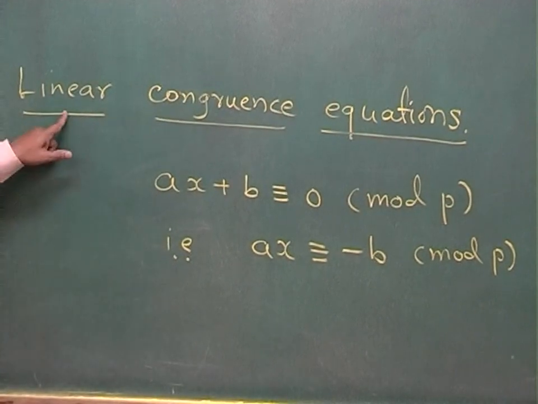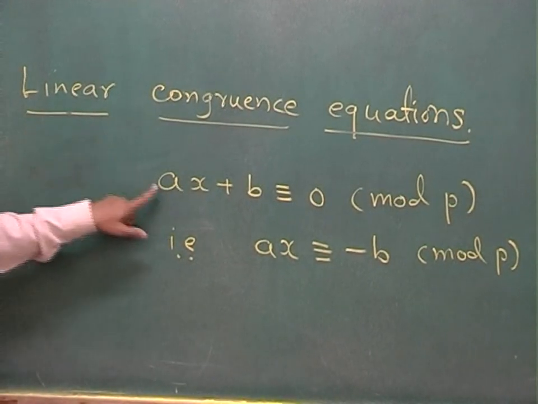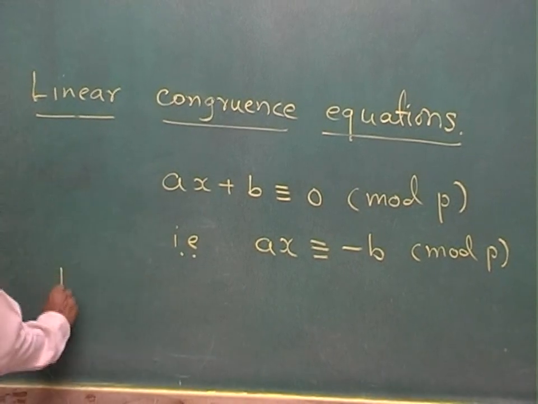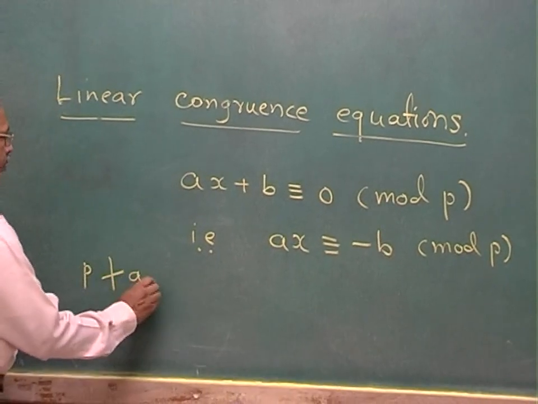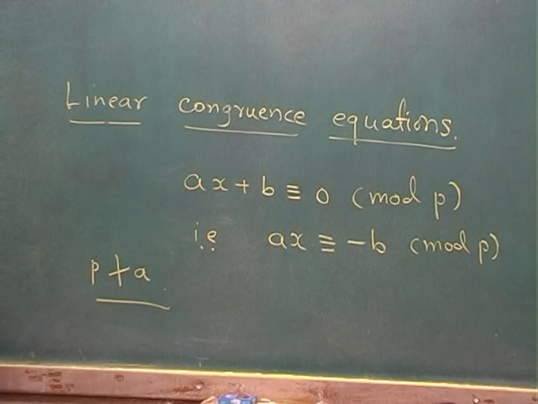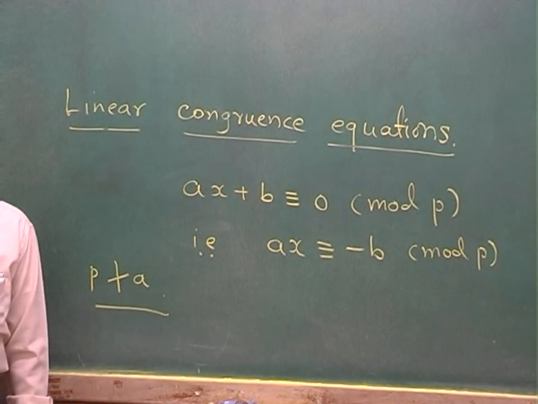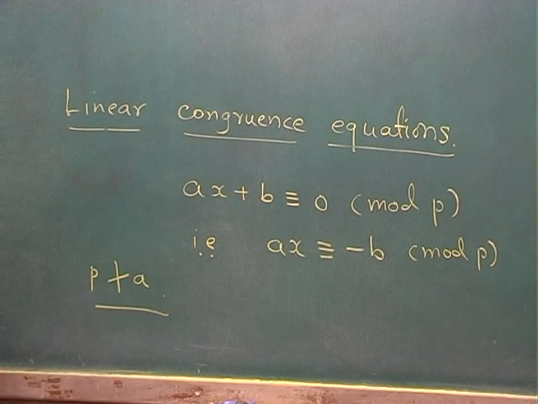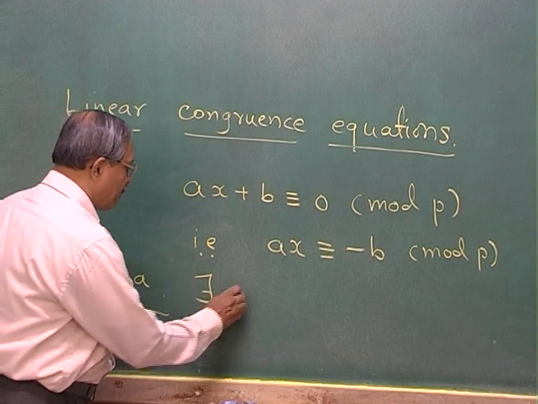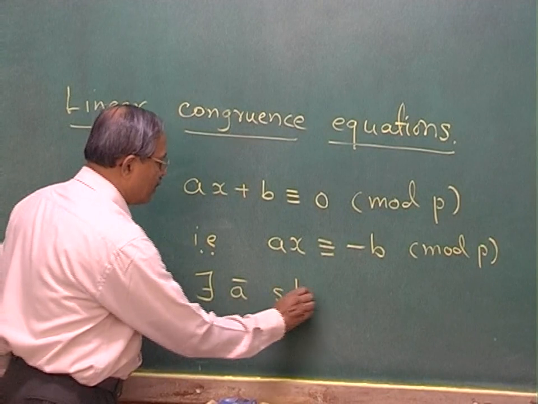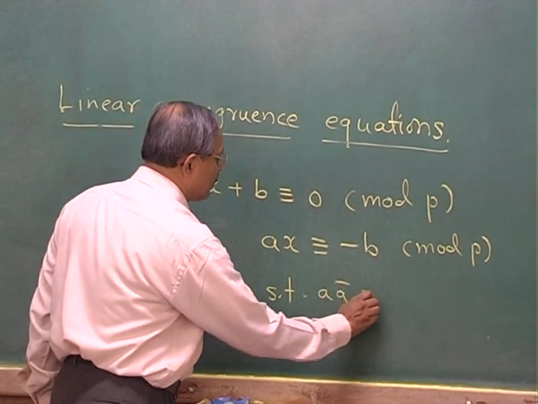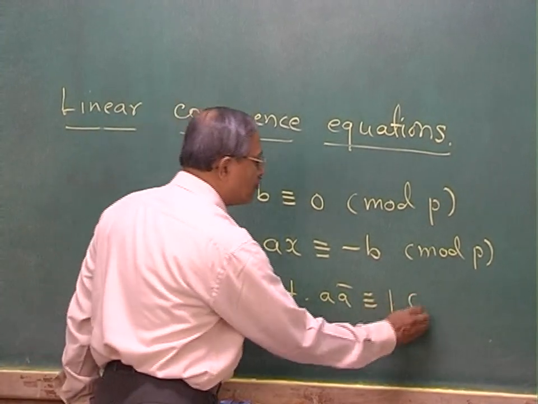Here it is a degree 1 congruence, so p does not divide a, and therefore there is an a bar such that a a bar is congruent to 1 mod p.